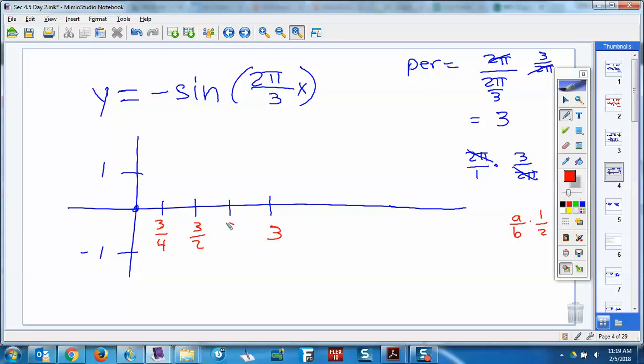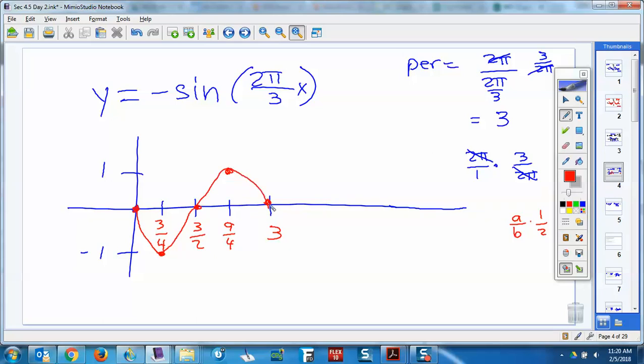So it's not that hard to do, and this would be 12/4, which of course is 3, okay? And now it's negative, so instead of going up, it goes down. It's a vertical flip. So it's going to go here, down to here, to there, up to here, and back to there.